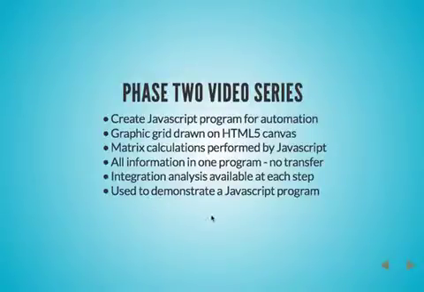And the integration analysis is available at every step. You can just click infer information and see if there's any new information available. And of course it's used to demonstrate the JavaScript program, which is just kind of a proof of concept here, and it shows the types of systems that can be developed.